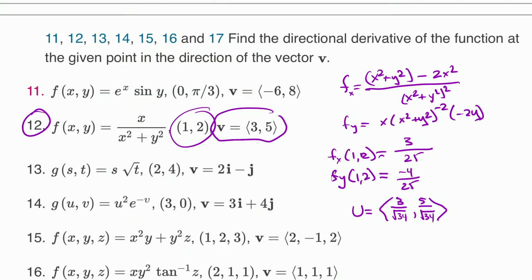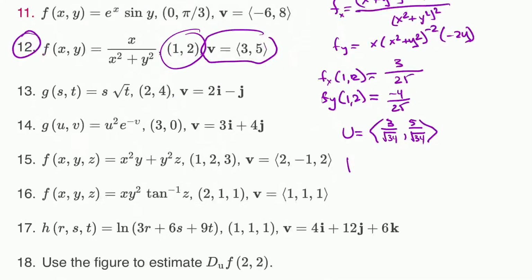Okay, we're almost done. Now we just have to do the directional derivative. Directional derivative of f in the direction of u, which is v, same direction, is going to be 3 over radical 34 times 3 over 25.